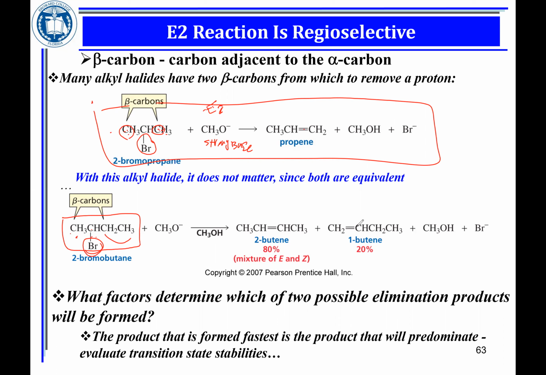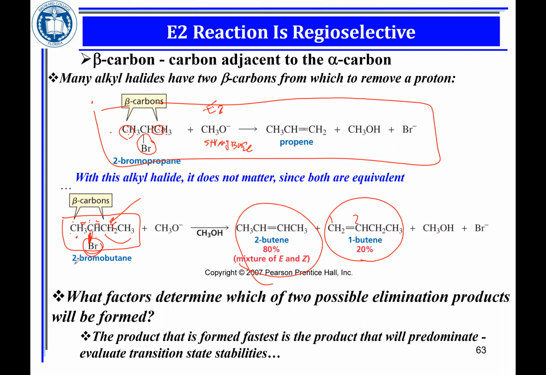If you look at the percentage of the product formed, you would possibly get two products. One carbon-carbon double bond would form between carbon 1 and 2, and that is this 20% here. Then the other one, if the hydrogen is removed from the right side of the alkyl halide functional group, you get the carbon-carbon double bond between carbon 2 and 3, which is this major product.